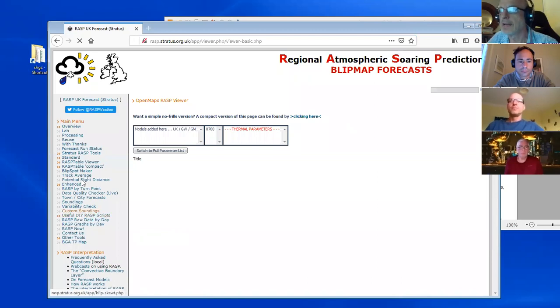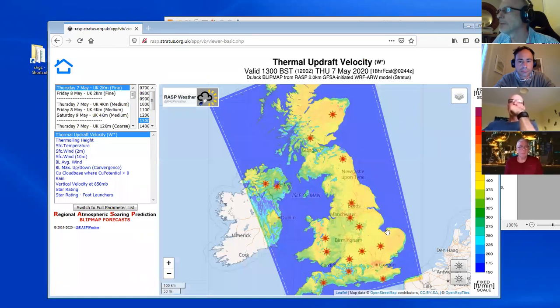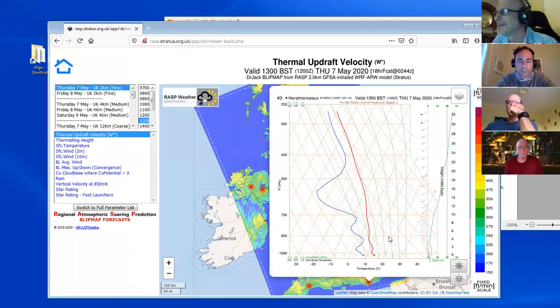Okay, so if we look at today, just do this quickly, RASP table compact. Today was Thursday, 1 o'clock, and we pull up the sounding. Let's grab this one. What a lovely day it was.